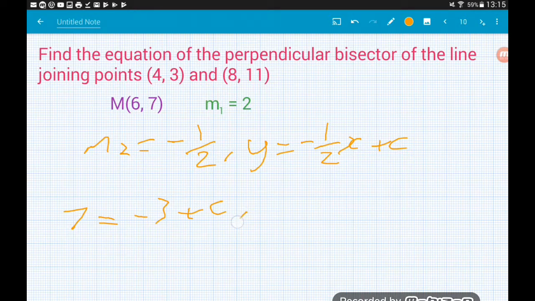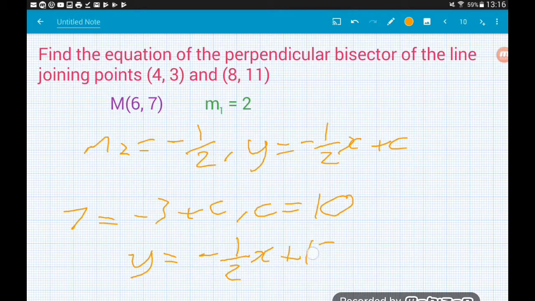Then if we add the 3, that's going to tell us c is equal to 10. So the equation of our perpendicular bisector here is y is equal to minus 1/2 x plus 10.